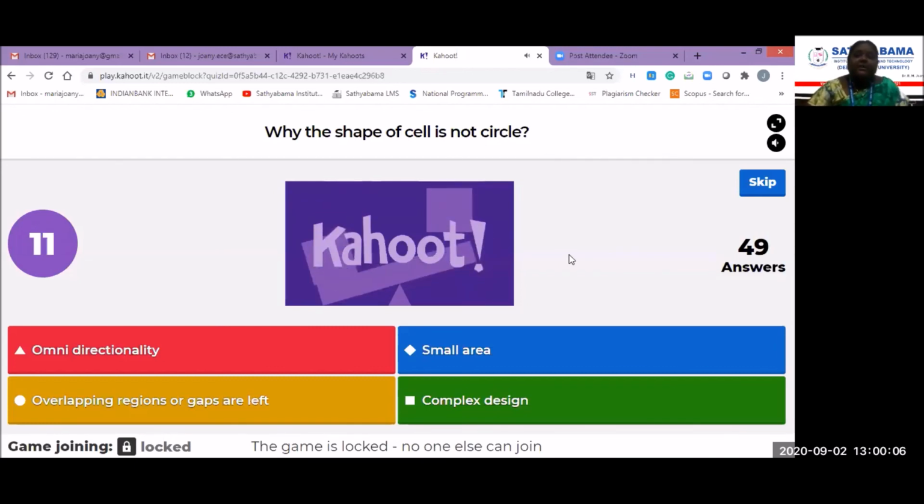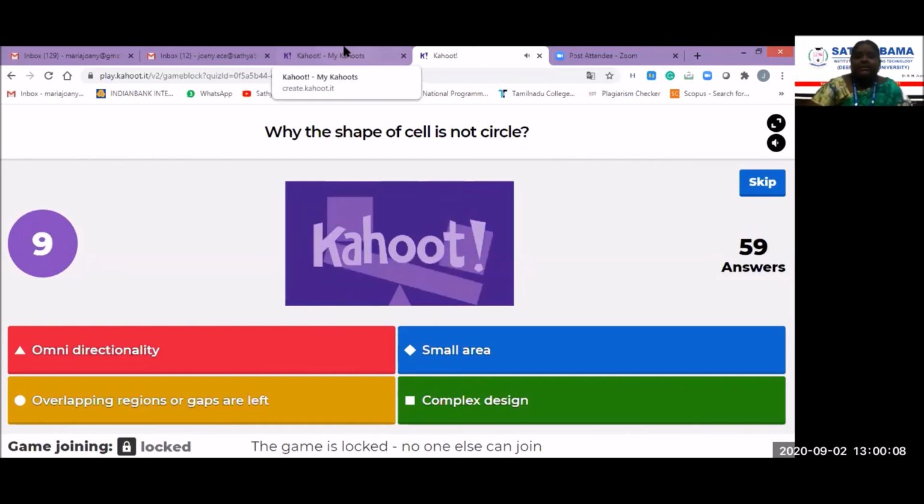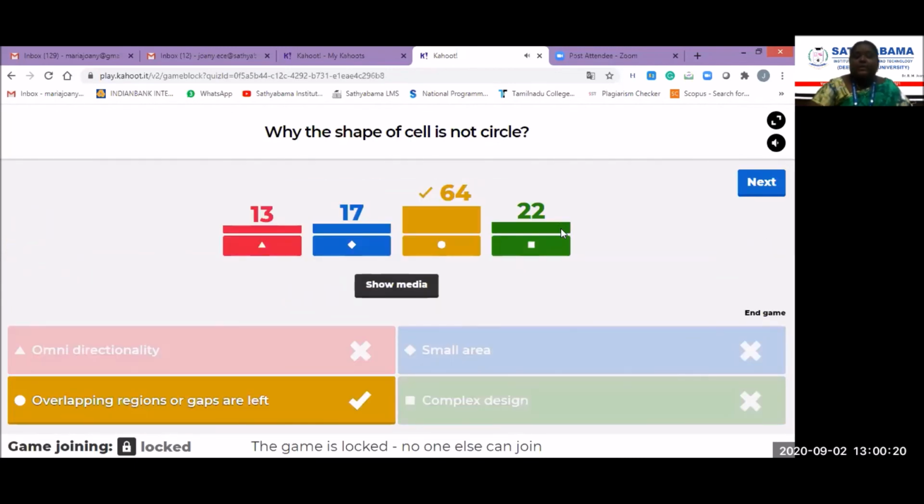What is the reason for having a hexagonal shape for cellular communication? Yes, the correct answer is the overlapping regions and gaps are left. That is why we go for the hexagonal shape of the cells rather than the circle shape.